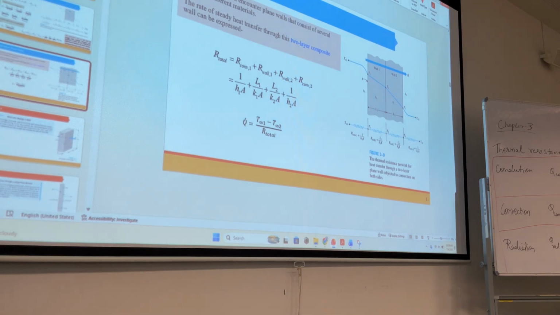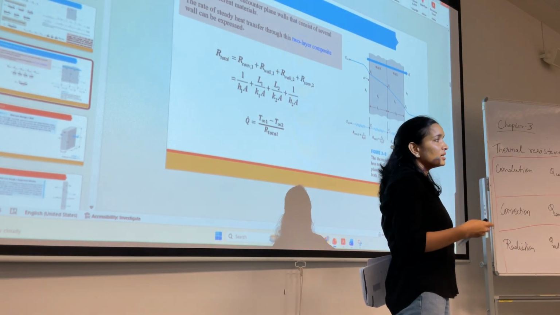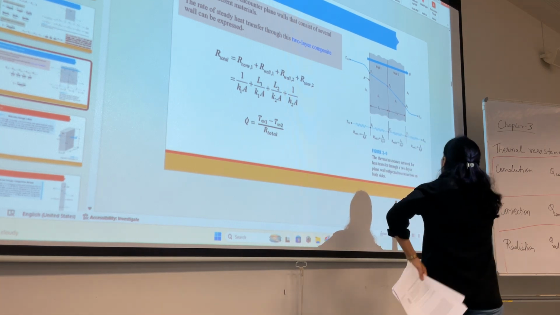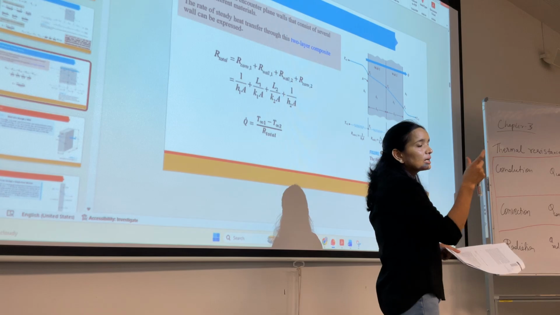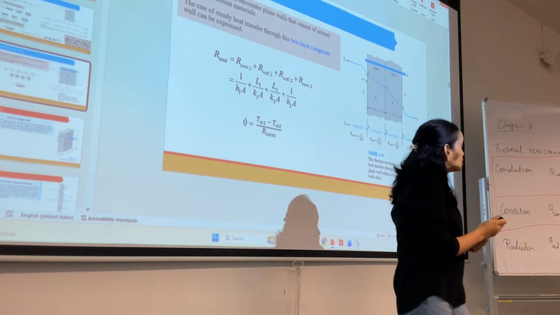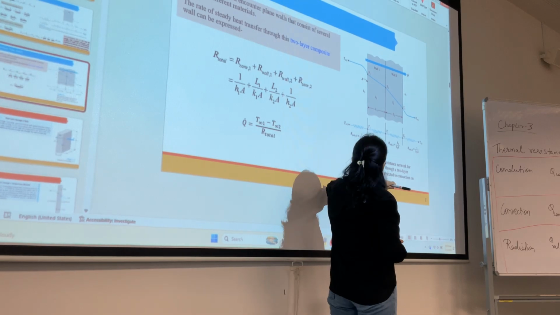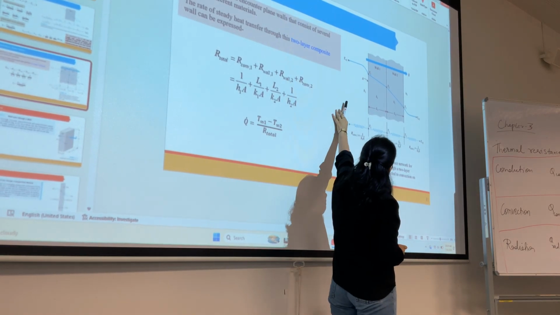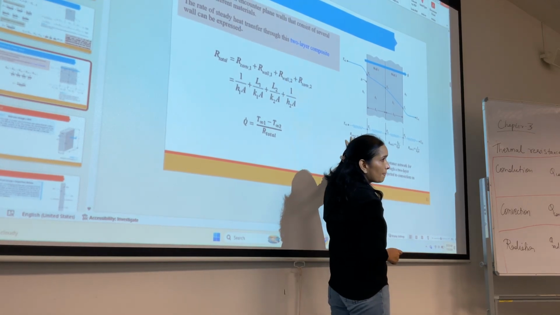In thermal resistance, you will have layers. If you want to replace it by actual resistance, this is how you draw the resistance network. From outside to this wall will be R convection.